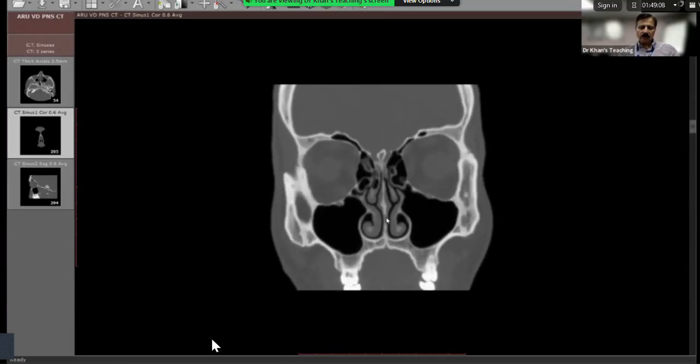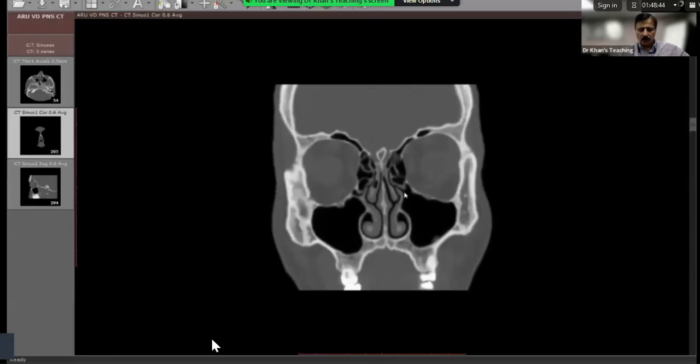Now if we stop here, this is what we learned as far as the osteomeatal complex was concerned. If you see carefully, this is the nasal septum, and here, this is the middle turbinate, this is the inferior turbinate. So this is the maxillary sinus, and you can see the ostium here.